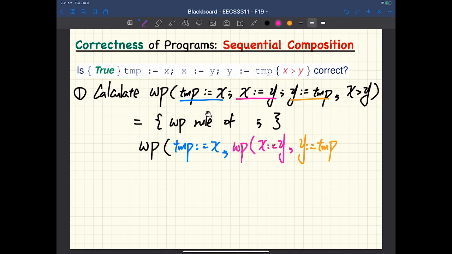Of course, this should be a semicolon. Be careful. And then after that, I'm going to have over here X larger than Y. And let me close them properly. That's the first step.